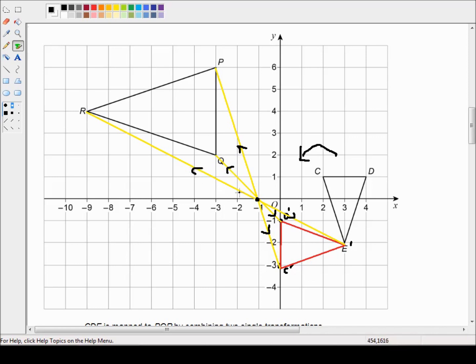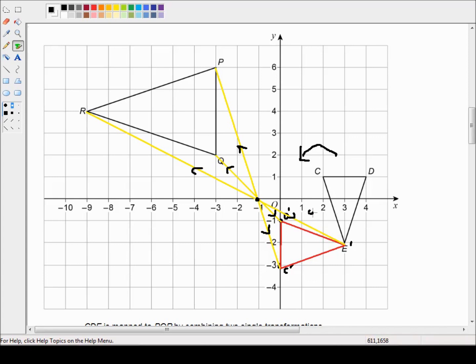So what's going on with these vectors here? To go from 0, -1 to point E, we're going 1, 2, 3, 4 along the x-axis and -1 and -2. So that's 4, -2.